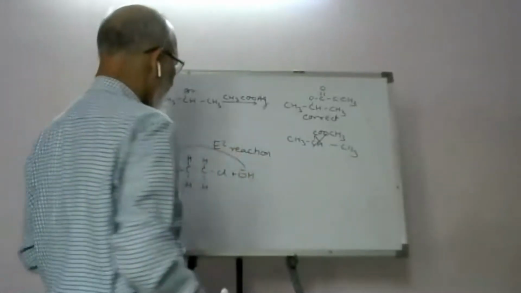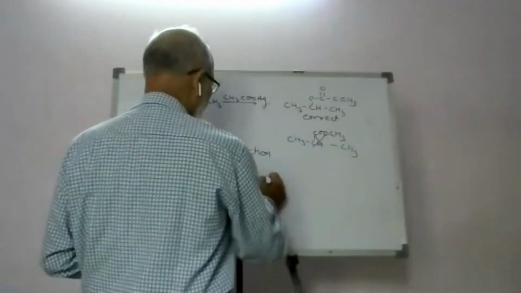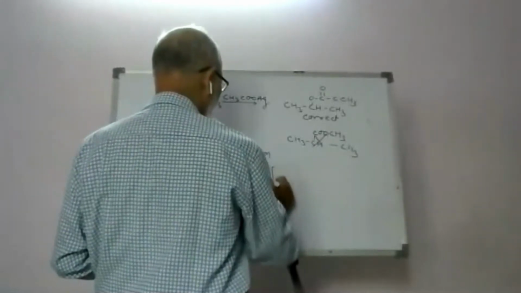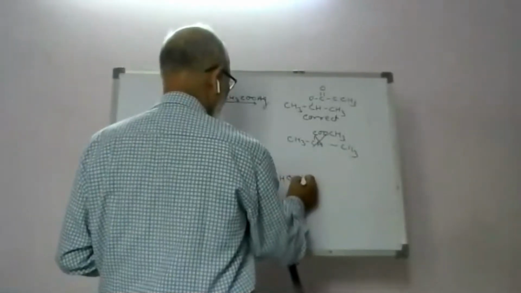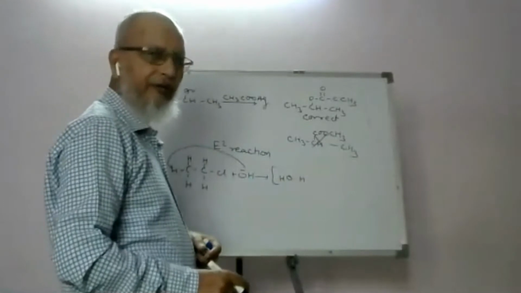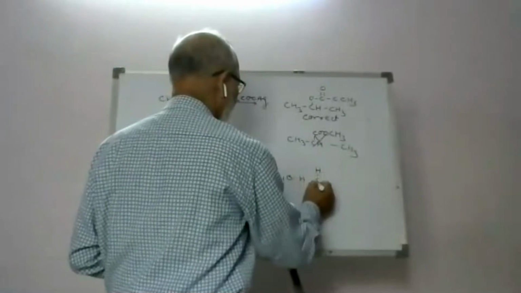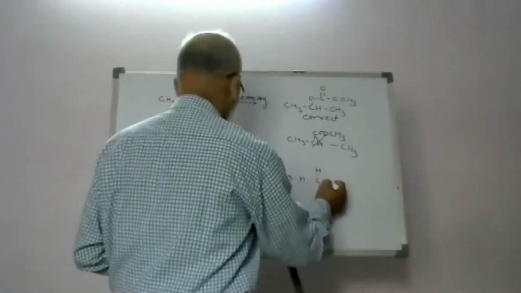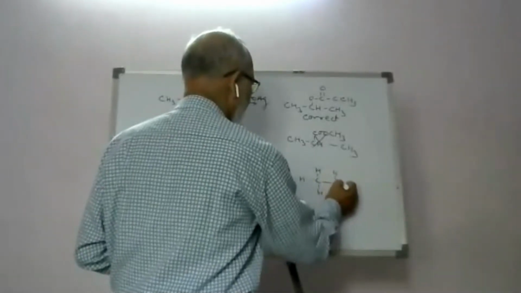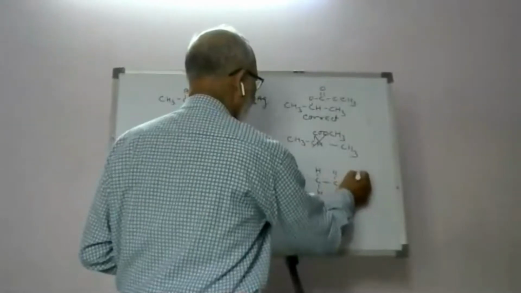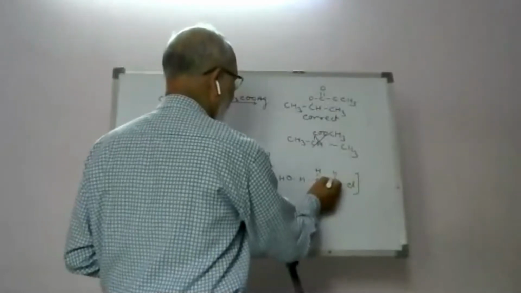The attack takes place at this hydrogen atom, which will be eliminated in the form of proton. Transition state will be OH. This bond will start forming for eliminating water. This bond will start breaking. This bond will remain as such. CH, H. This bond will start breaking, and a new double bond will start forming here.